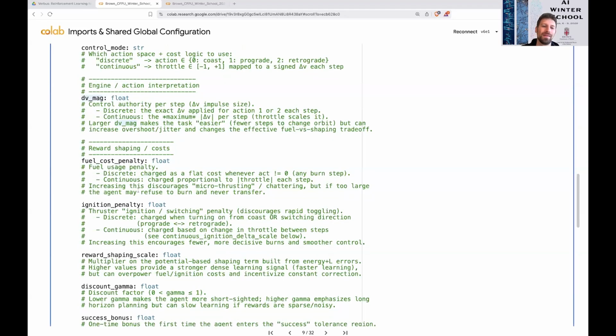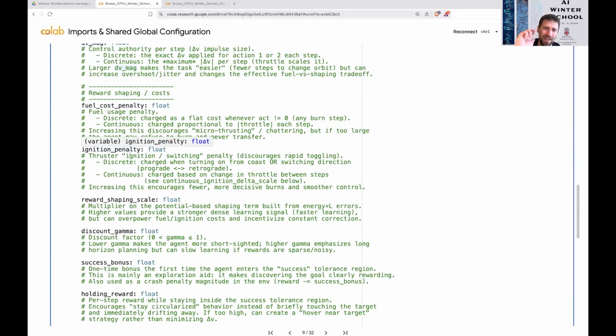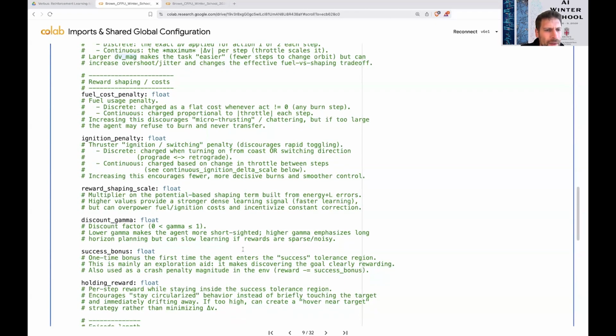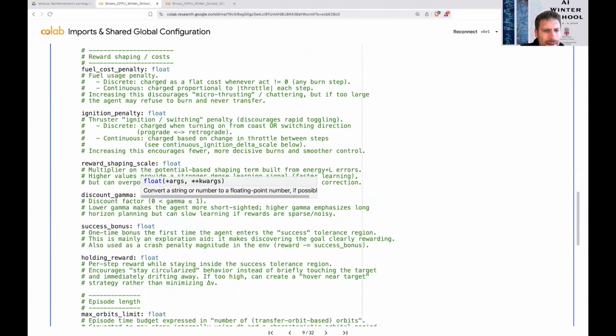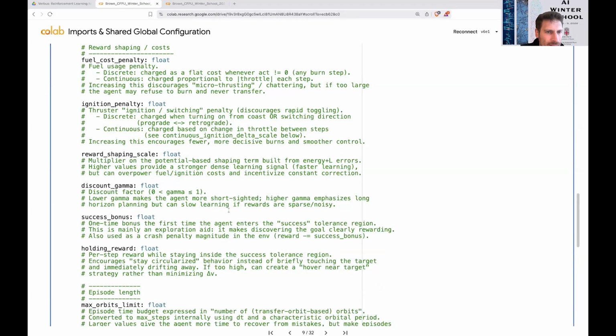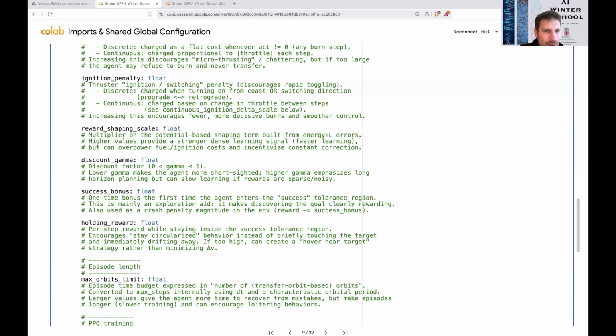An ignition penalty, similar, is just a float which determines how big of a penalty we take for every ignition. The purpose of this was to have fewer burns. There are some others.